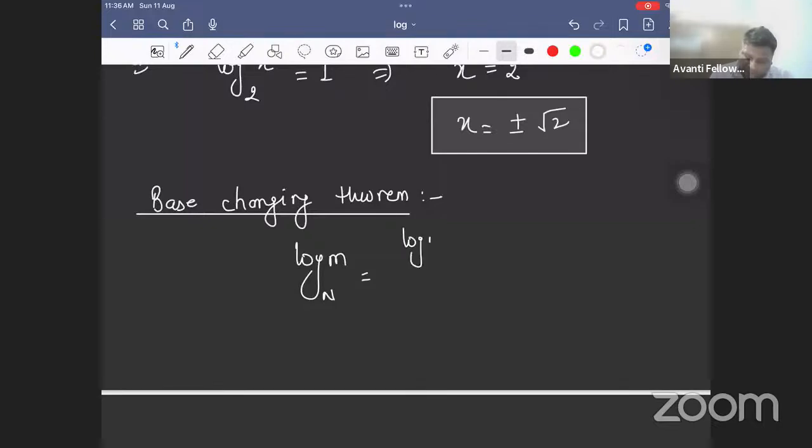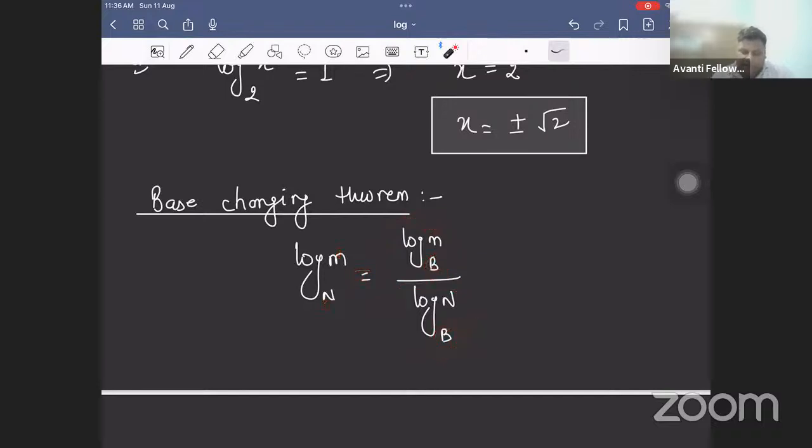So that is log m base b upon log n base b. What this theorem states is that the quotient of the logarithm of two numbers, quotient means division, is independent of their common base.